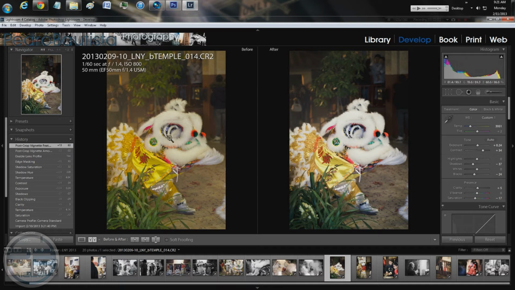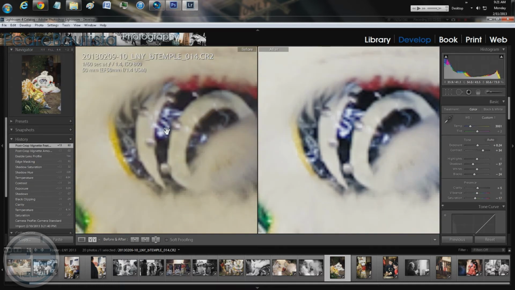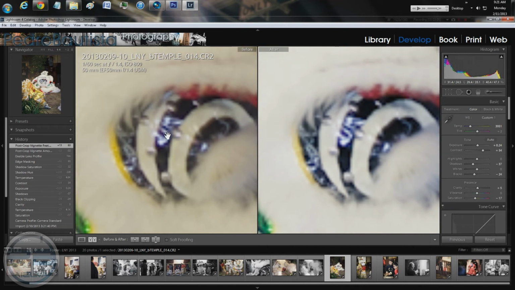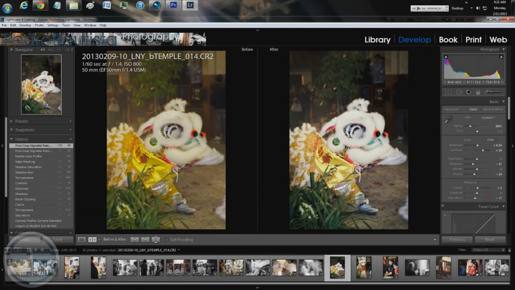So, as you can see here, this little area where you can see the flash hit. Same thing with the plants. You can tell here on this little plant that it caught some of the flash. So the flash is only supposed to hit the foreground, and whatever's in the background doesn't receive any of the flash, or it receives a minimal amount of flash.